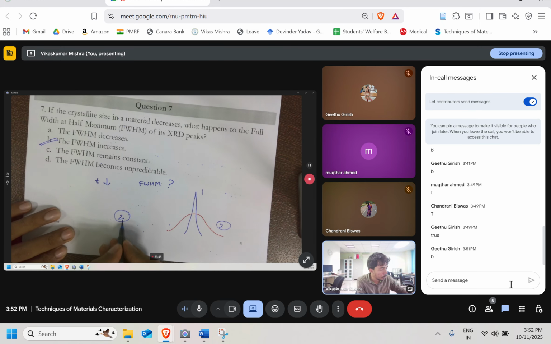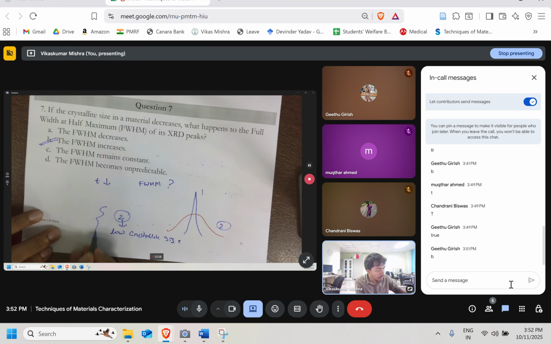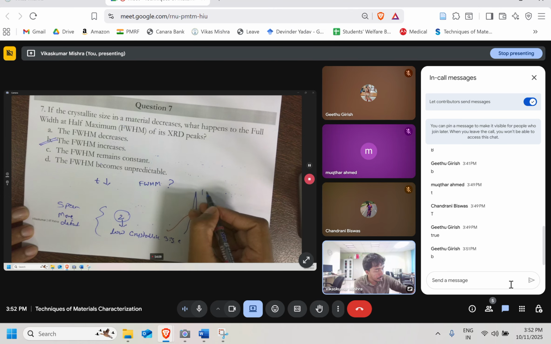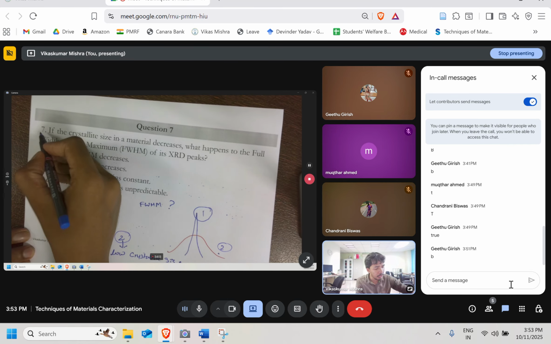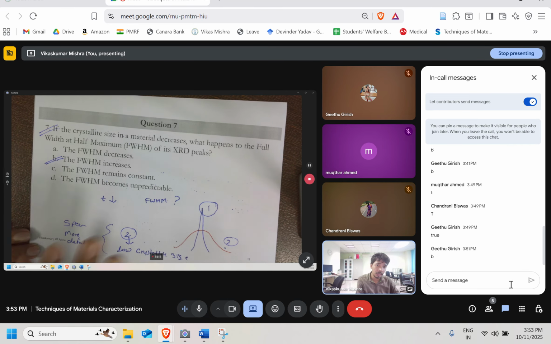It means that case 2 has the lower crystallite size, which means that specimen 2 will have more defects with respect to specimen 1. So this is how we can relate the XRD.